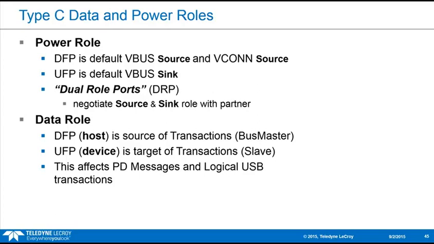Now data role swapping, on the other hand, provides a mechanism for a device to switch to the host role in USB. Maybe a printer wants to send commands to a camera, for example. So Type-C effectively replaces OTG with a sideband mechanism for negotiating the data role swap portion. Because that's what they need to do. Who's the master, who's the slave?